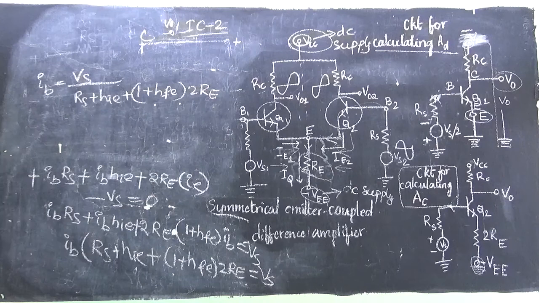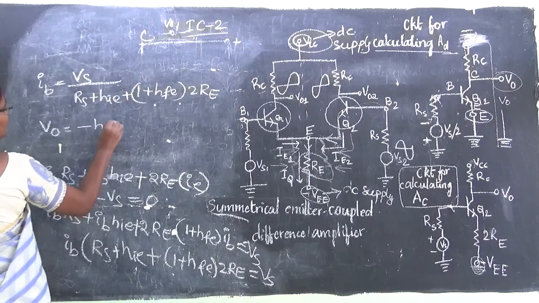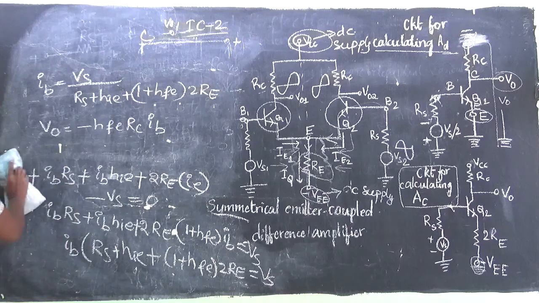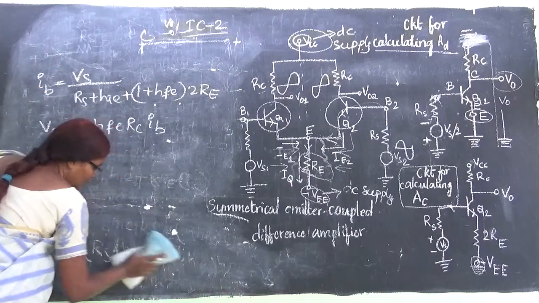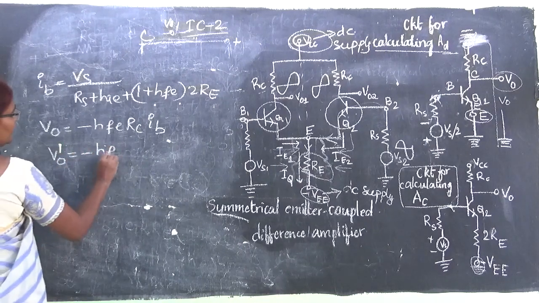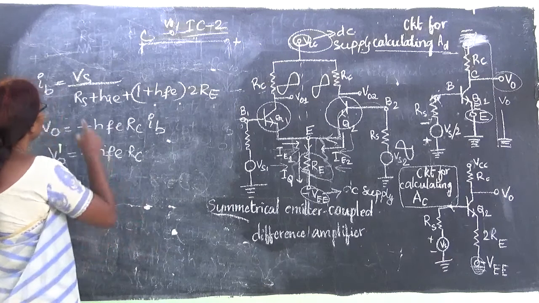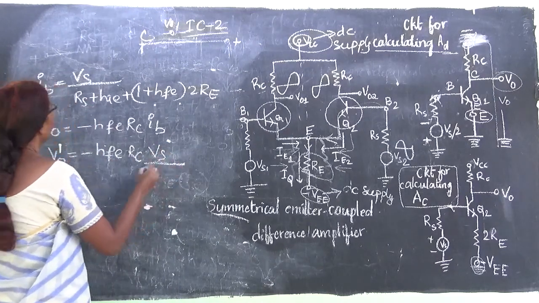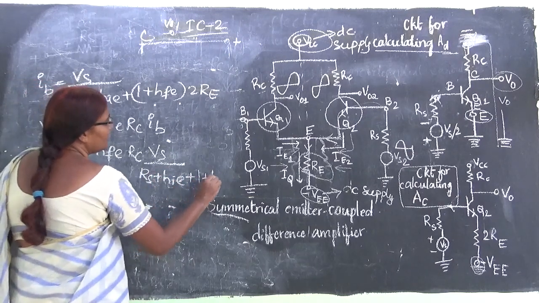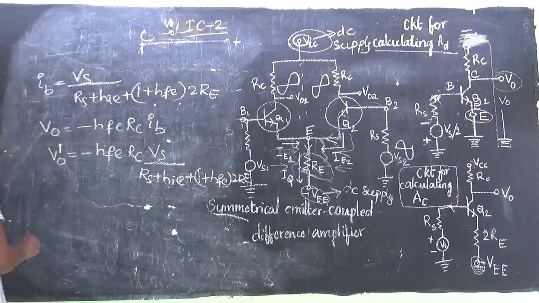Now I will substitute this value in the previous equation, which is V0 equal to minus hfe RC into IB. So substituting the IB value, what is my V0 going to be? Minus hfe into RC into IB, and IB is Vs by Rs plus hie plus (1 plus hfe) into 2RE.